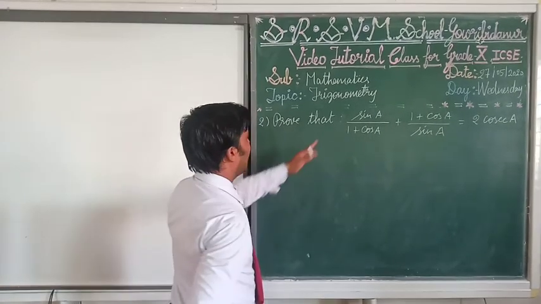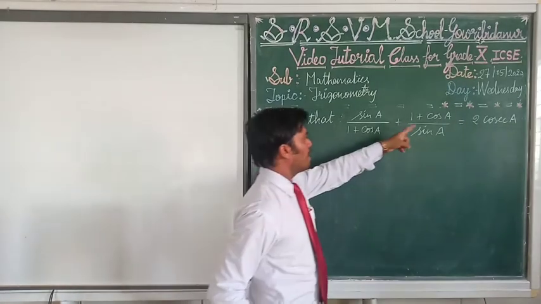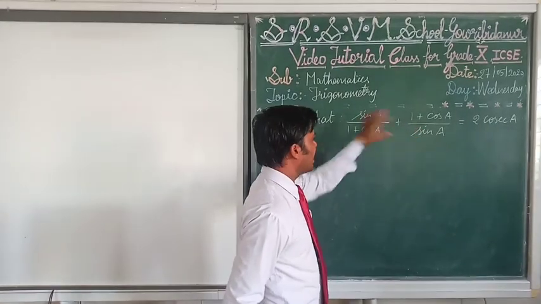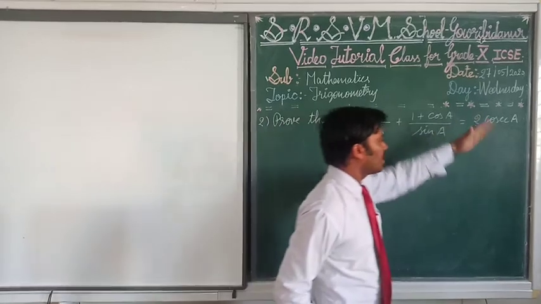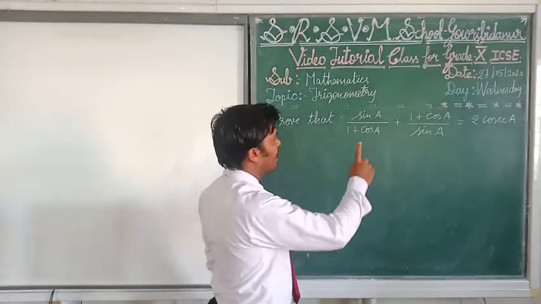So here see LHS, sin A by 1 plus cos A plus 1 plus cos A by sin A. In LHS more terms are there, in RHS only one term is there. Therefore you take LHS.